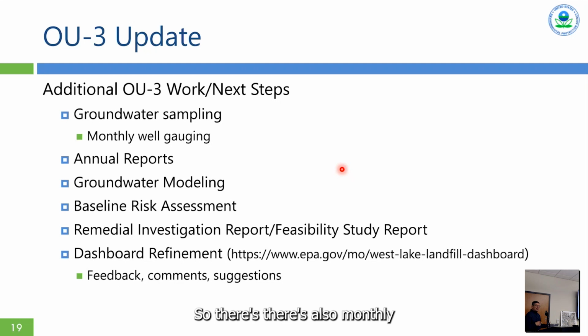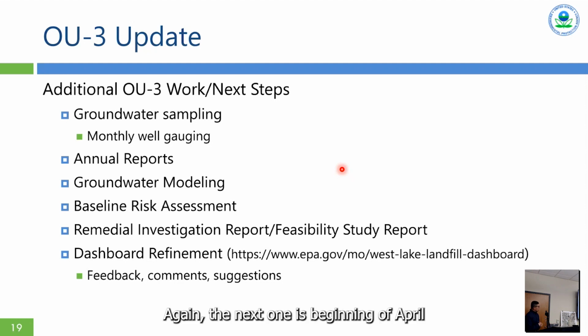There's also monthly well gauging that goes on, both manually to determine the elevation of the groundwater, and automated probes in many of the wells that continuously record the water level, so we can see how things change seasonally and with changes in levels of the river to have a more complete understanding of the groundwater flow regime for the site.